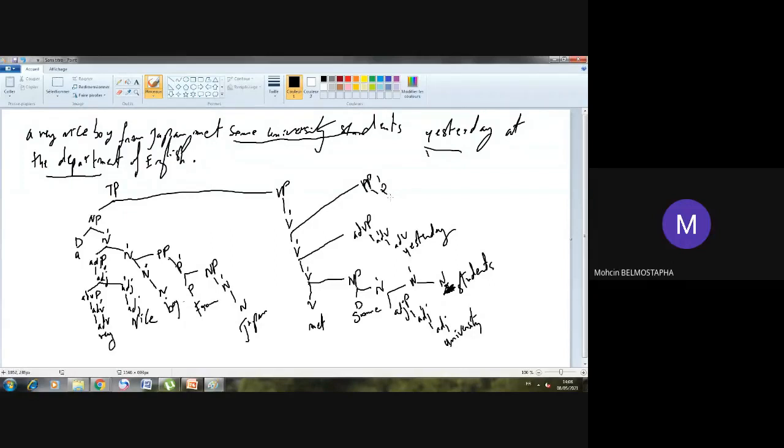Two branches: the P at, the preposition at, and an NP. We have two branches: determiner the, and another N bar. We have the noun department, and PP.